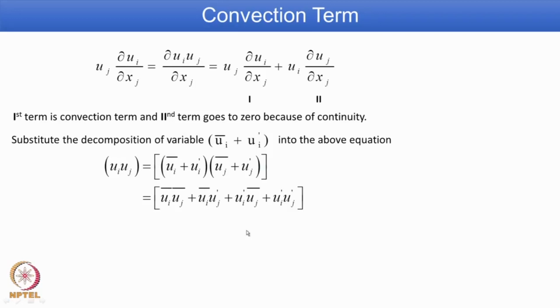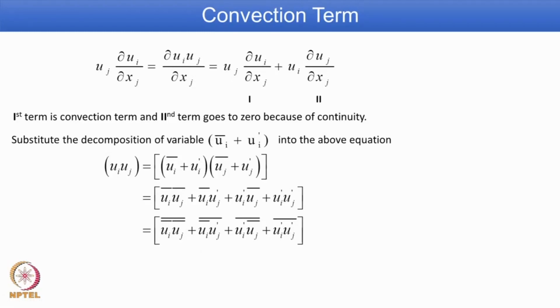Now, you perform time averaging on this. They are shown separately here: the average of u_i bar u_j bar, of u_i bar u_j prime, of u_i prime u_j bar, and of u_i prime u_j prime. Now, we apply what we learned in tensor algebra.